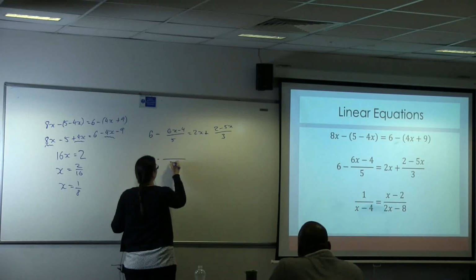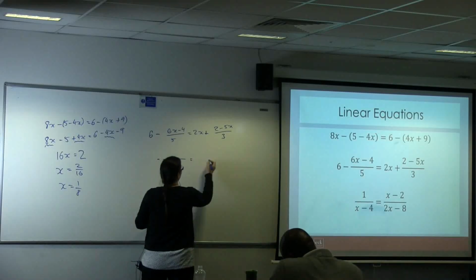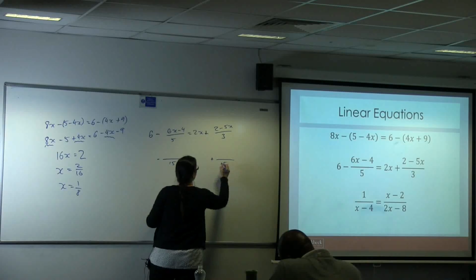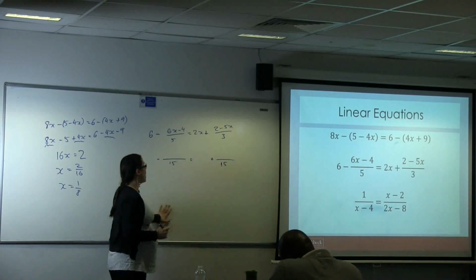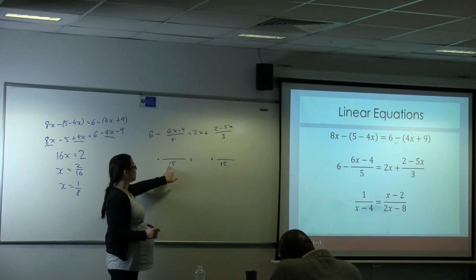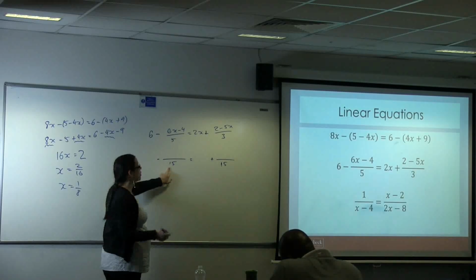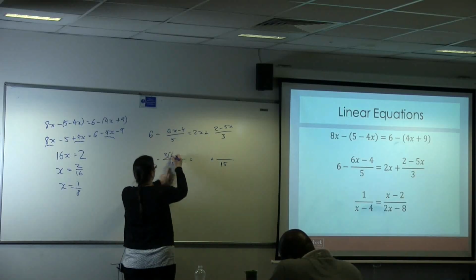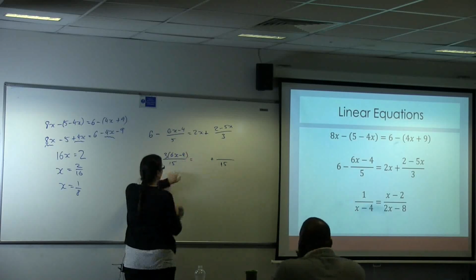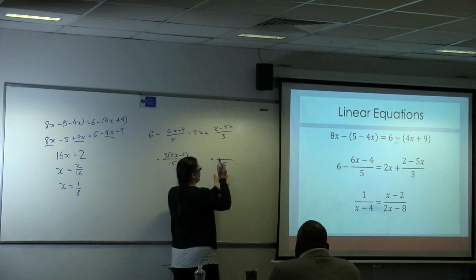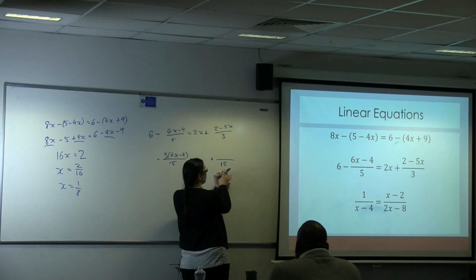So I'm going to start like that. How many times does 5 go into 15? 3. So the numerator I have to multiply by 3. And here I need to multiply by 5 because 5 threes make 15.